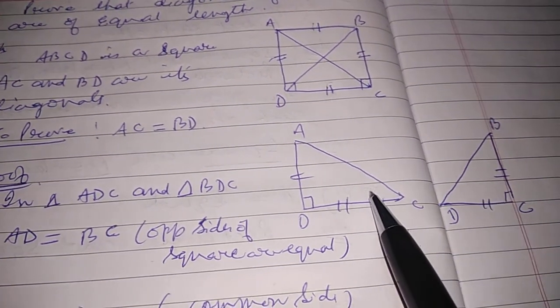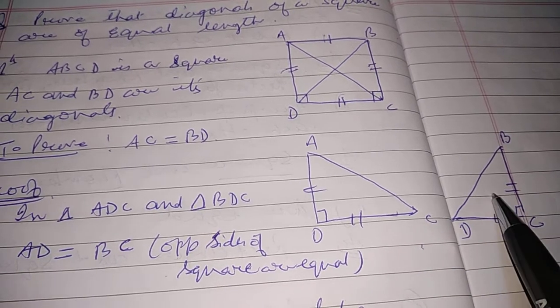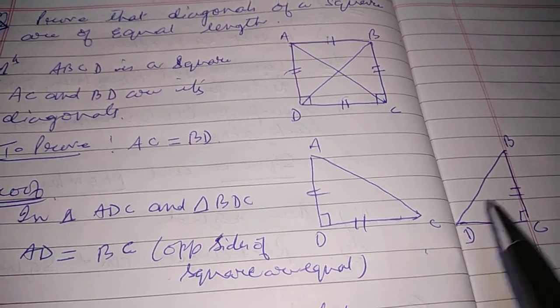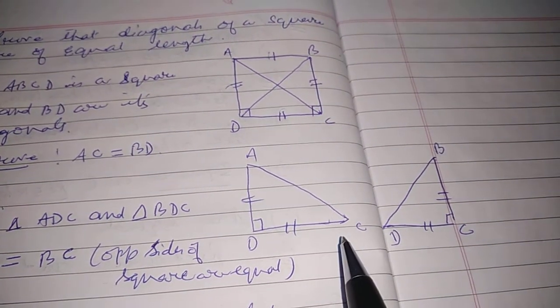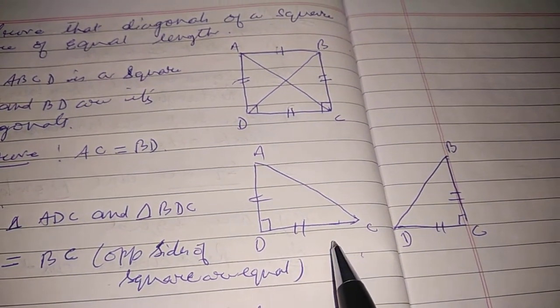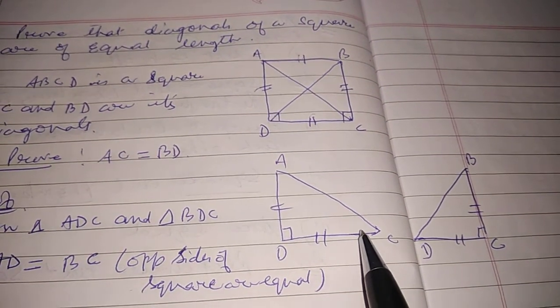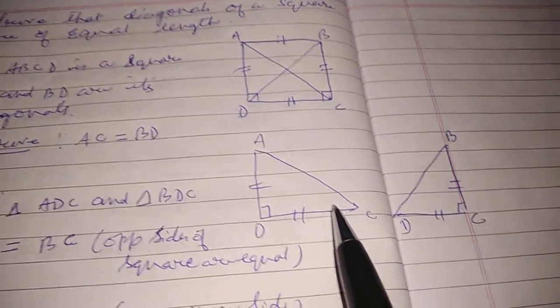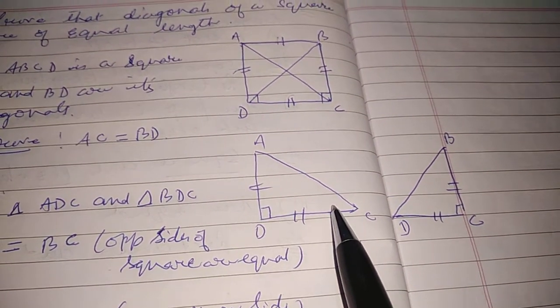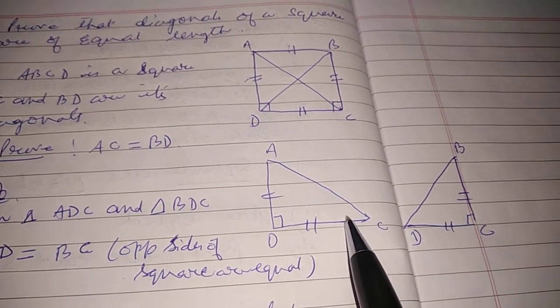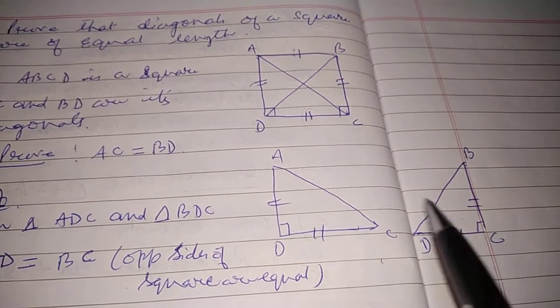Here comes how to make these two triangles congruent. For that you have to recall what you have learned in class 7. A whole chapter is there on congruent triangles. So you have to recall that now. So how will you make these two triangles congruent?